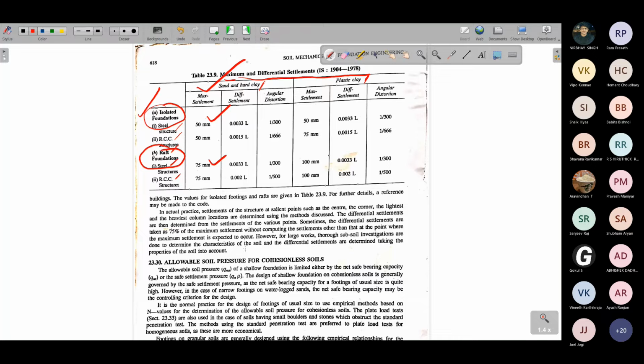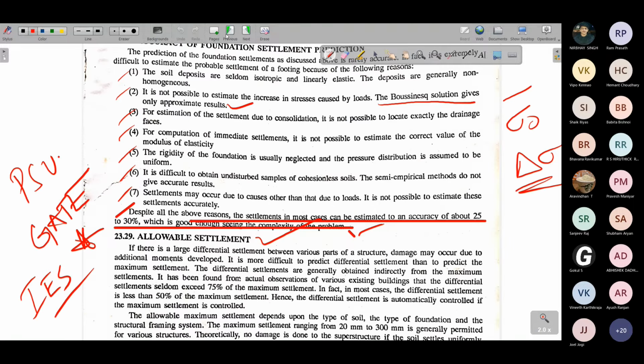So here again, I think it's better I read that paragraph so that you understand what it is all about. Differential settlement generally would be only 25. If there is large differential settlement between the various parts of the structure, damage may occur due to the additional moment developed. It is more difficult to predict the differential settlement than the maximum settlement.